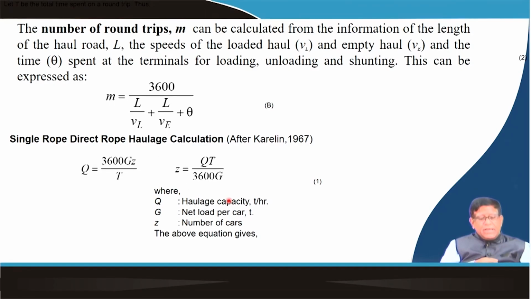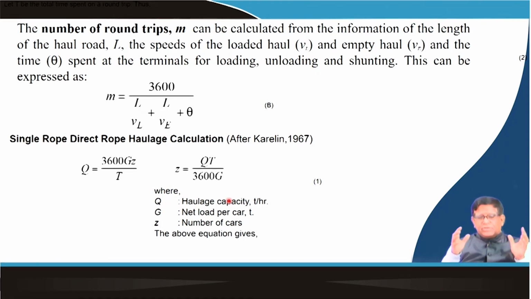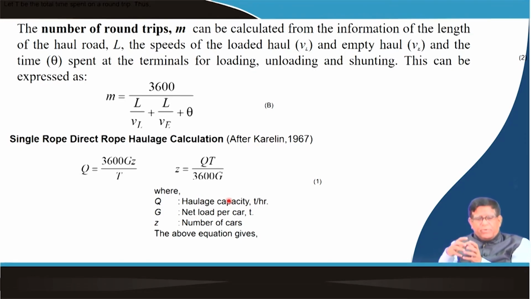Then for single rope or direct rope haulage, what will Q be then? Because if you know the net load per car, I am not talking about the weight of the car, that will come while calculating the motor power, this G is the amount of coal it is taking, and the number of cars is known.